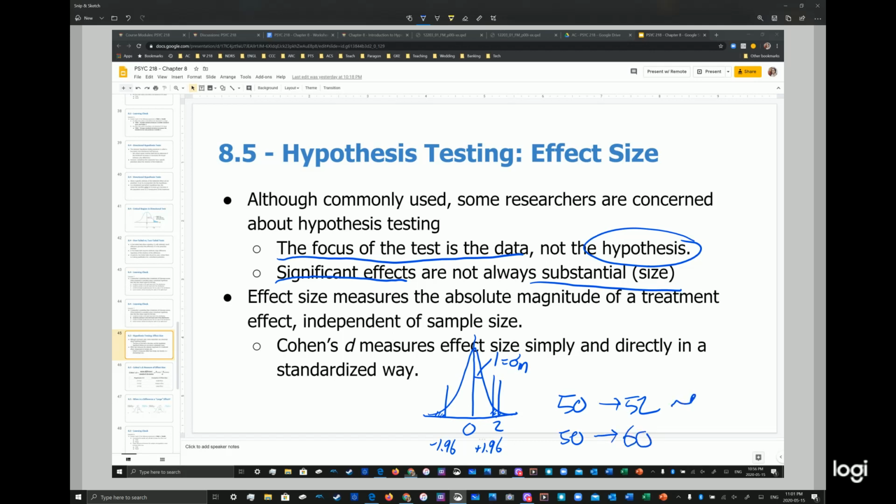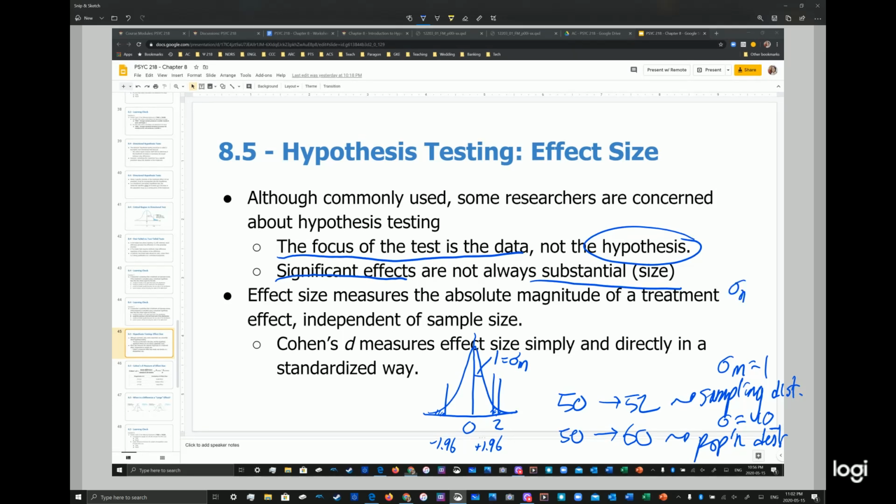So here you have it in the sampling distribution, that is your null distribution, with a standard error of 1, whereas in the population distribution you have the standard deviation of 10. Remember, the standard error is the population standard deviation over the square root of n. So, something to think about.